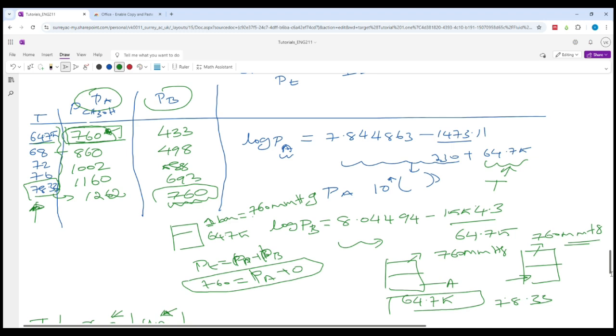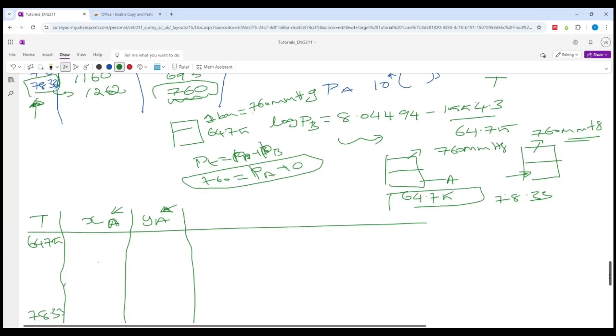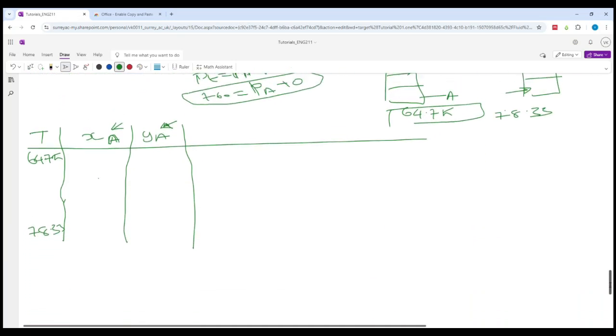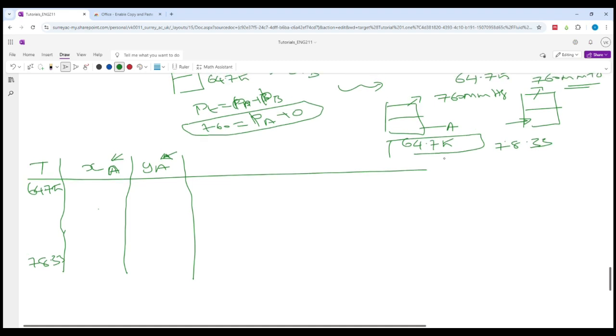It exerts more vapor pressure when you compare it to component B at the temperatures considered here. That gives you some idea of which is the more volatile component. If asked in the exam which one is the more volatile component and why, you have to explain all these points which I mentioned.